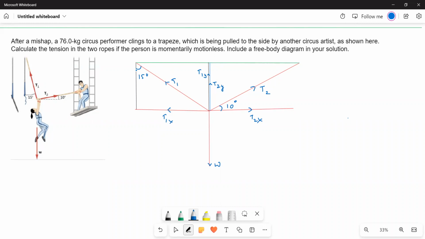The total angle is 90 degrees, so 90 minus 15 is equal to 75 degrees. As this is 75 degrees, this will also become 75. And this is given as 10 degrees, so obviously this will become 10.